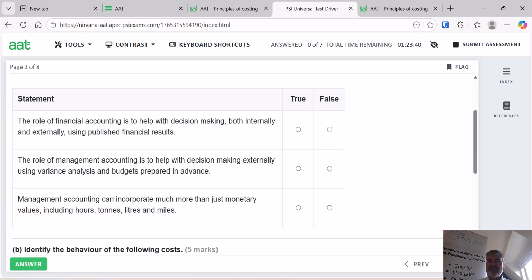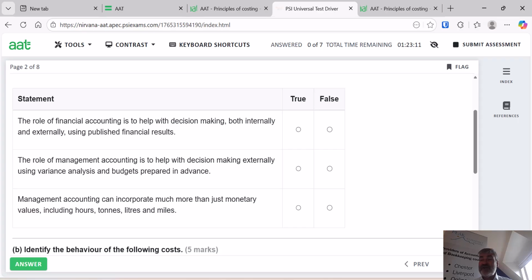So our first statement: the role of financial accounting is to help with decision making, both internally and externally, using published financial results. Now, the fact that this statement includes the term decision making, the fact that it's talking about internal and external decision making might start you along the path that this is all about management accounting.